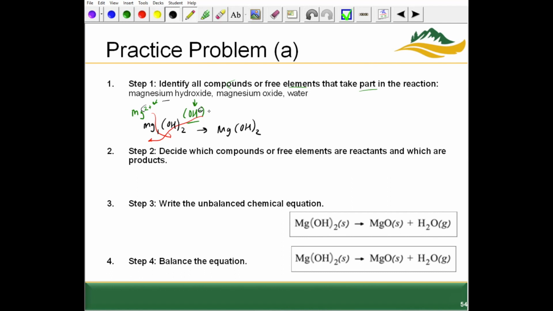So magnesium hydroxide, it's going to be really imperative that you're comfortable taking a name and writing out a formula. Magnesium oxide, Mg, still 2+. Oxide, that's oxygen with the ending changed to ide. Based on oxygen's place in the periodic table, it likes to form 2- anions.